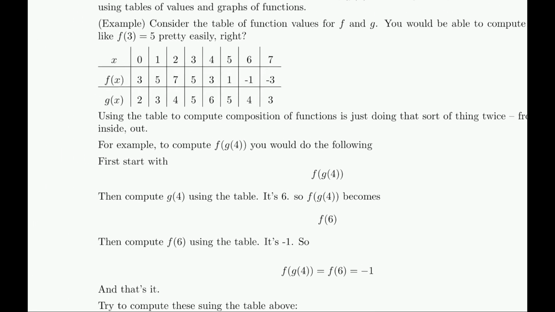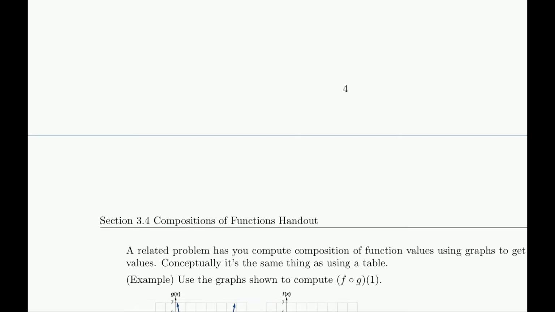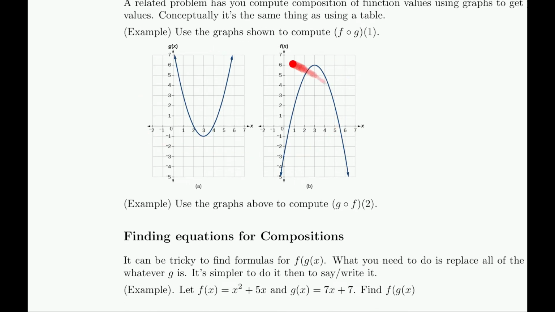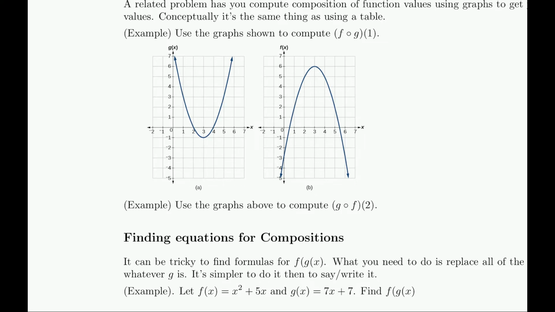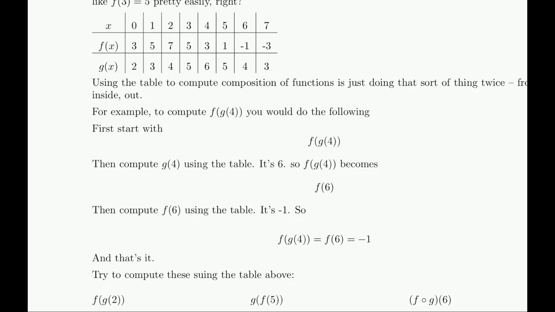It's going to be different based on whether we have a table of numbers to look at like this, or graphs of functions like this. I think I took this one from either the homework or your textbook. When you're doing numbers, it could be done either way, with tables or graphs, or with formulas. Whatever you have is what you use.